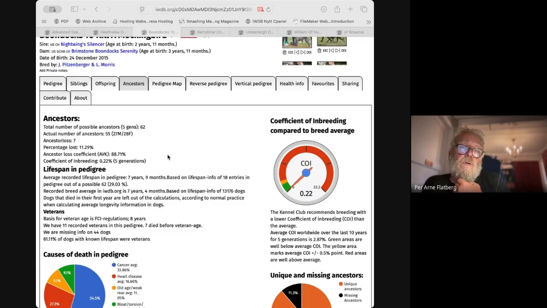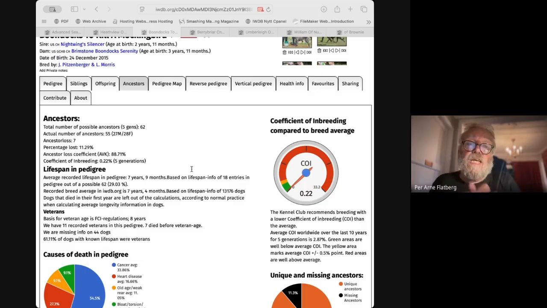So yes, we do get the data from UFA, and for others who aren't part of an authorized testing regime, for instance, if you do a heart screening in Canada and it's not sent anywhere, you're more than welcome to send a certificate to us and we will add it.